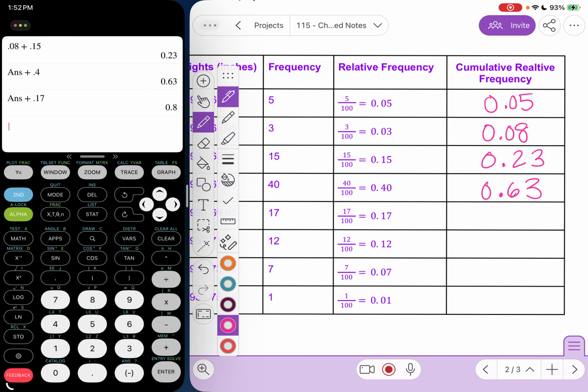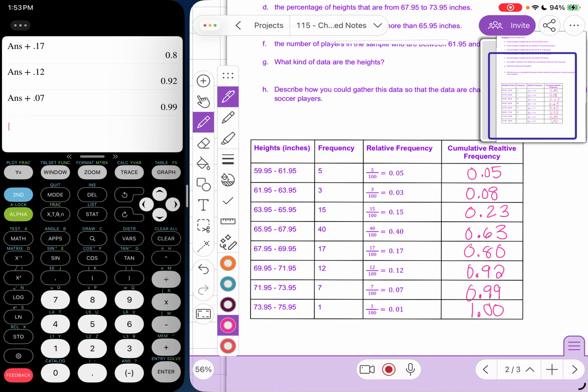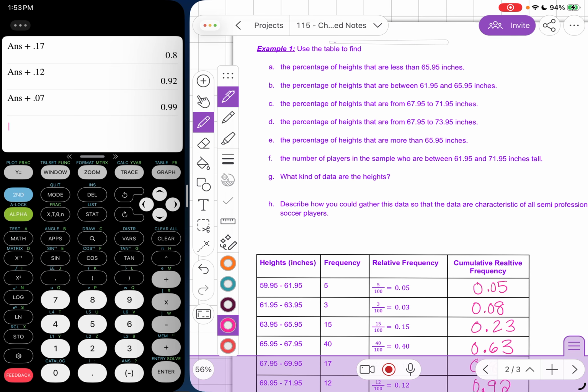Add 0.17. Add 0.12. Add 0.07. And add 0.01. So now we have our cumulative relative frequencies. Now we can use this to answer the questions.